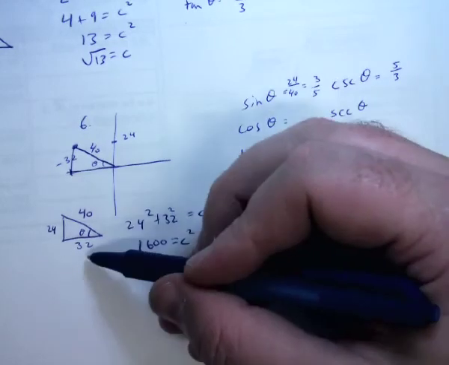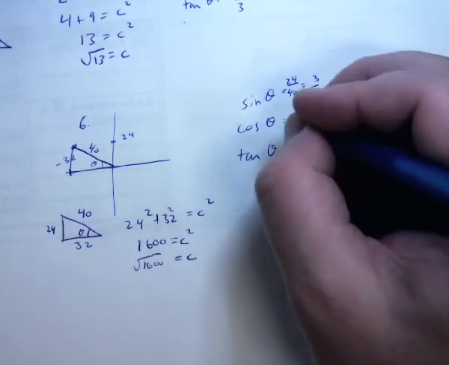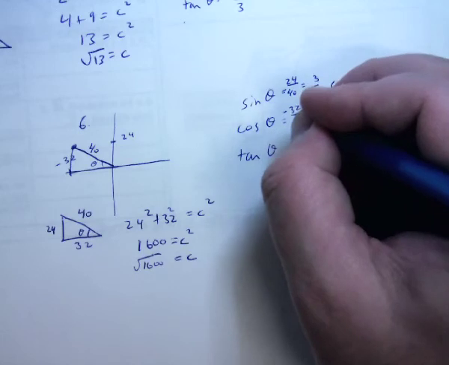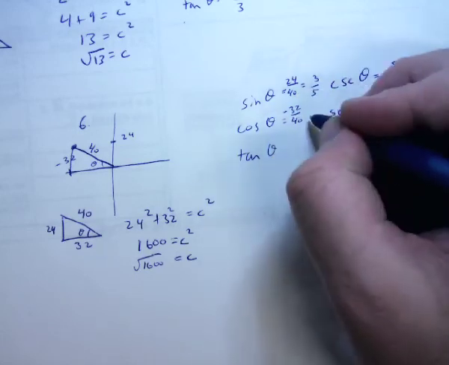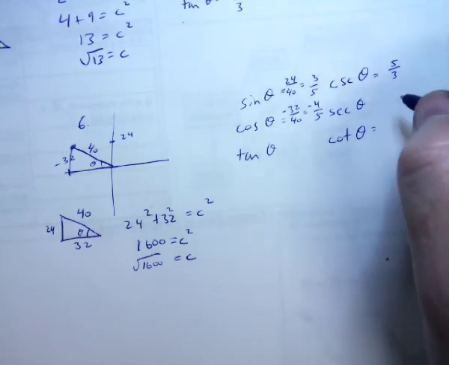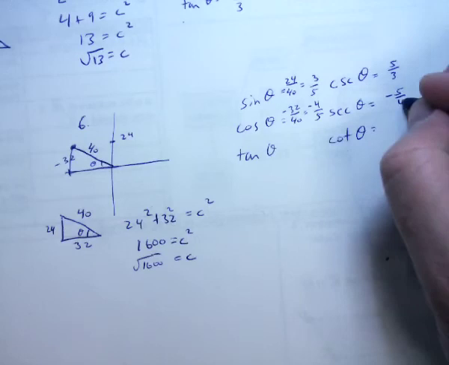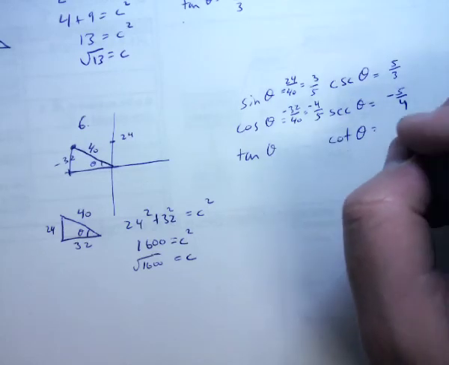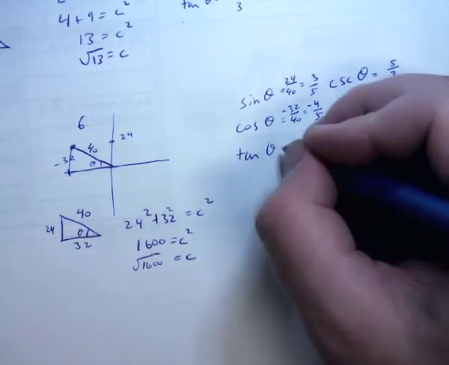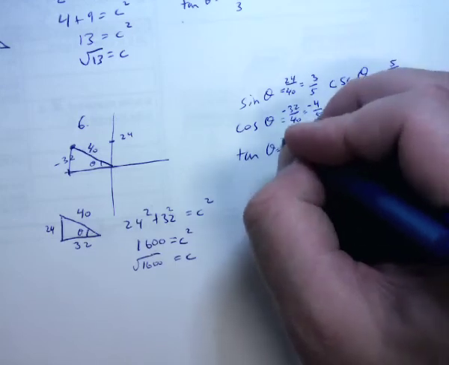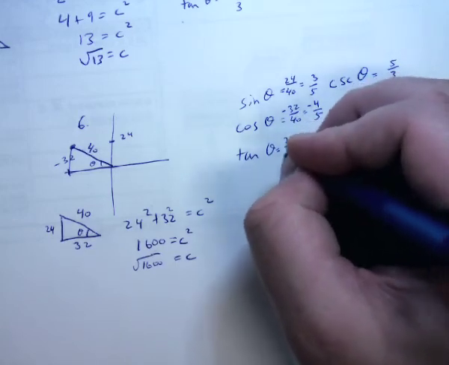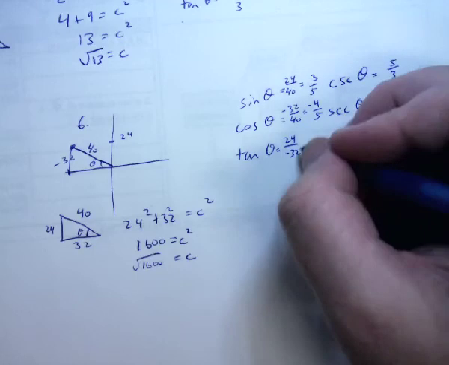Cosine, the adjacent is negative 32, and the hypotenuse is 40. We can do that by 8 as well, so we're going to get negative 4 over 5. And that means secant is negative 5 over 4. And then tangent is opposite, which is 24, over adjacent, which is negative 32.